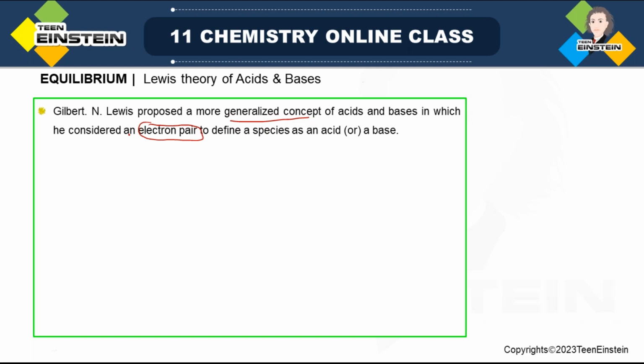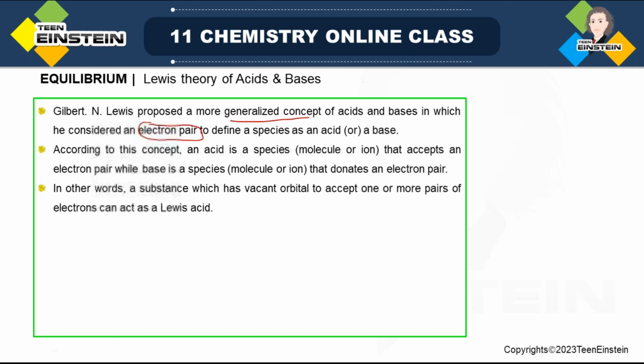And in the third theory, we are defining acids and bases on the basis of electron pair, that is, whether a species will be able to capture an electron pair or donate an electron pair. According to this concept, an acid is a species, which may be a neutral molecule or may carry some charge, that accepts an electron pair, while a base will donate an electron pair.